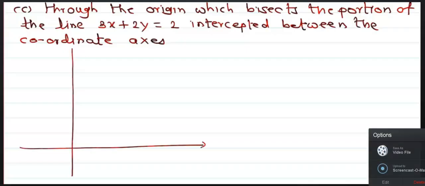Now we want to find the equation of the line that passes through the origin and bisects that portion of 3x plus 2y is equal to 2. Now see this.